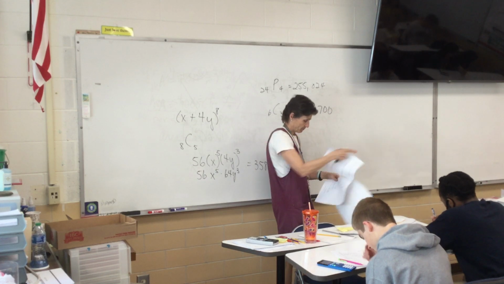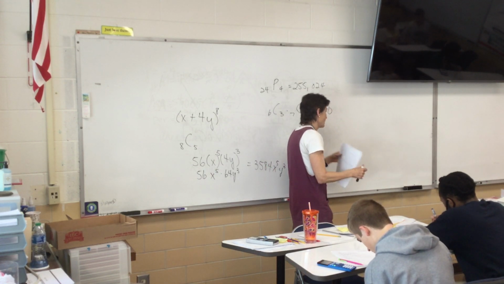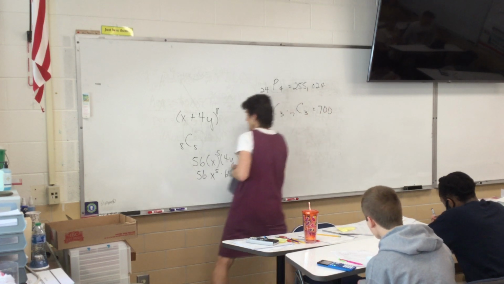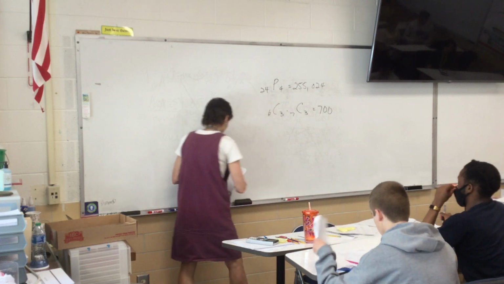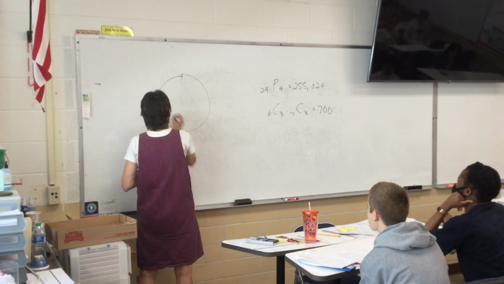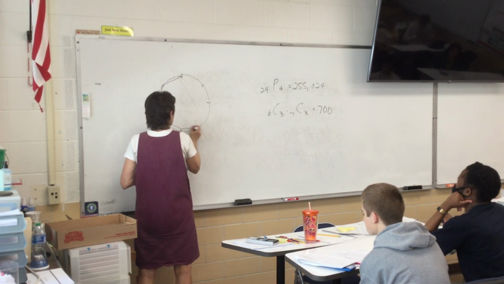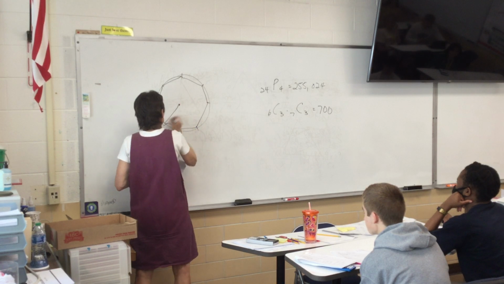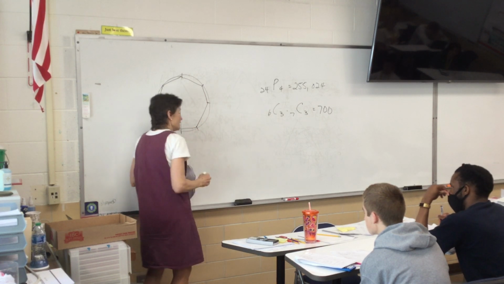25. All right, this was actually a test question, one very similar to it. We have an octagon, the picture's already drawn. And our job is to find the area of the octagon, and we know the radius is 10.